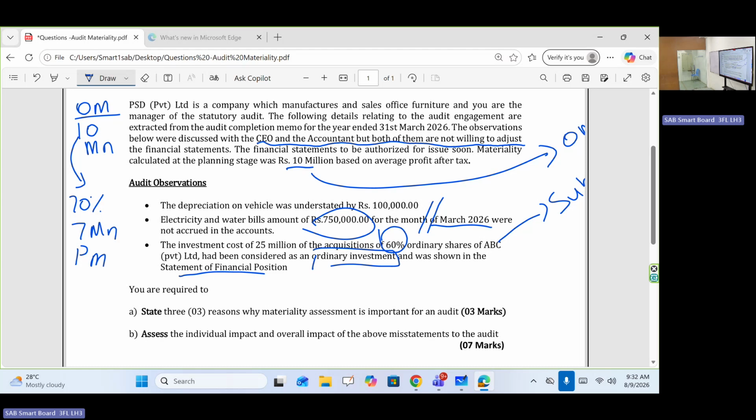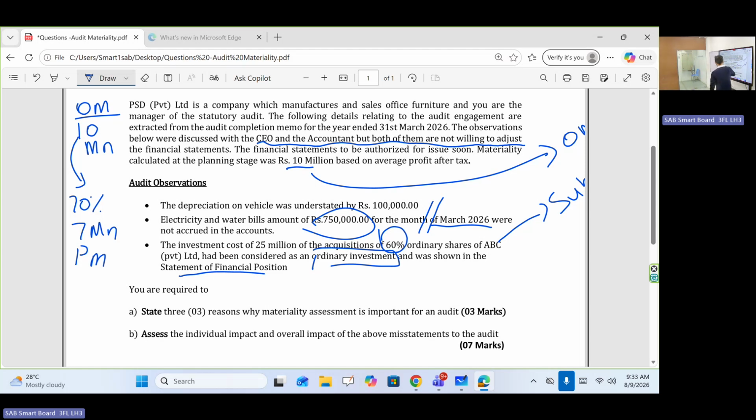In that case also, you have to think about the cumulative effect. So always, if you receive this type of question, think about the cumulative effect. Fortunately, in this question the cumulative effect will not change the answer, but in certain cases it will. Clear?